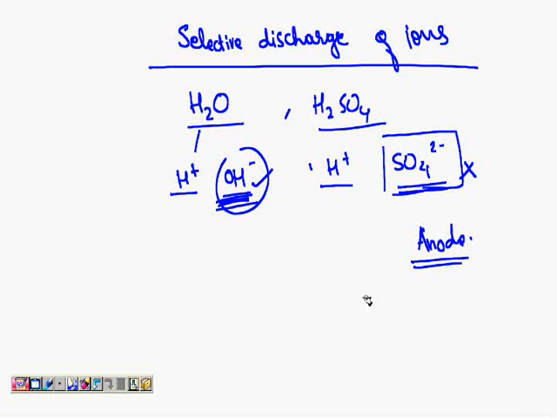I'll take another simple example. For example, consider Na and K. What is the electronic configuration of Na? 281. This is 2881. Now out of these two, which will have more ability to lose electrons?